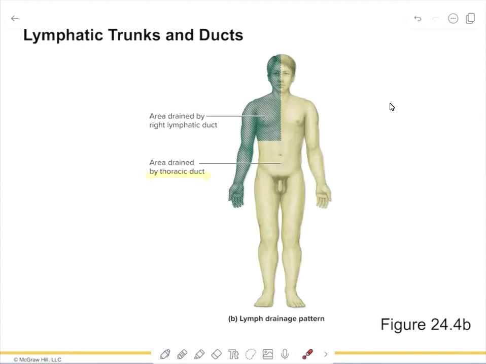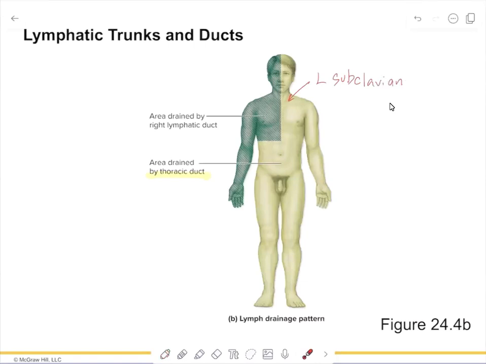So anywhere basically below this line: the abdomen, the right leg, and the left leg, any of the lymphatic capillaries from any of those regions, as well as the left head, left thorax, and left arm, all of that lymphatic fluid is going to travel through lymph nodes, lymphatic vessels, lymphatic trunks, and will eventually go back to the thoracic duct before it enters into the left subclavian vein.